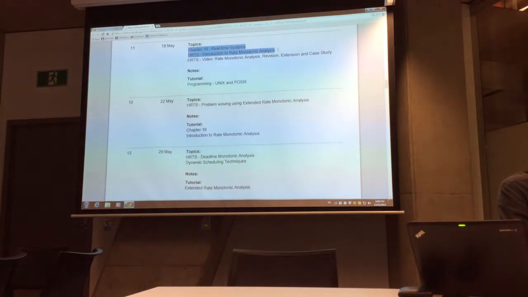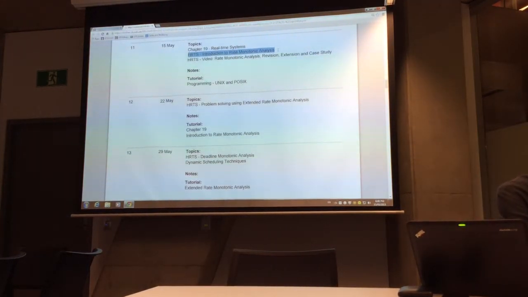You'll have noticed from the discussion in the PowerPoint slides on rate monotonic analysis that there are a whole bunch of crippling assumptions, limitations, that have to be made about the nature of the real-time tasks before we can apply this analysis technique, the so-called Liu-Layland's theorem number 1.